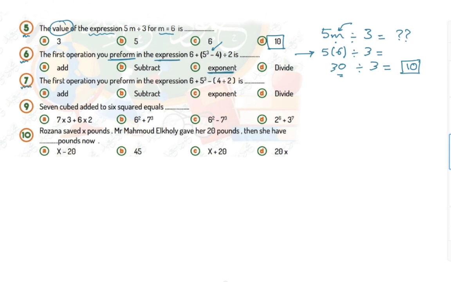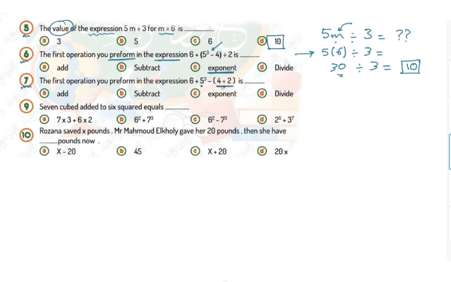But point 7: the first operation you perform in the expression 6 plus 5 to the power 3 minus parentheses 4 divided by 2. Now I have an exponent here and parentheses. Which one do I start with, parentheses or exponent? When you have parentheses and power, I will start with the parentheses first.